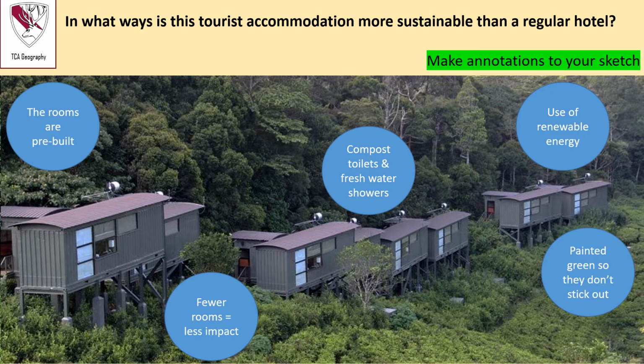These ones are painted green so that they don't stick out too much and ruin the visual look of the environment. They're also on stilts for good views, but that's not a way in which it's more sustainable, which is why I've put it in a different colour. So that's not actually really a benefit for the environment, it's more a benefit for the tourists.